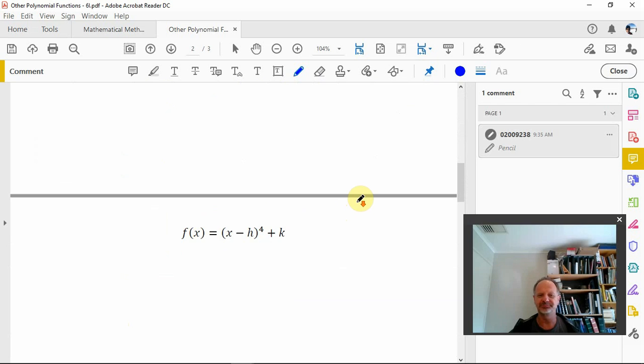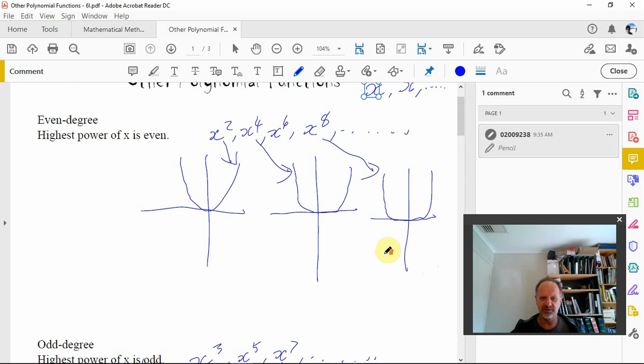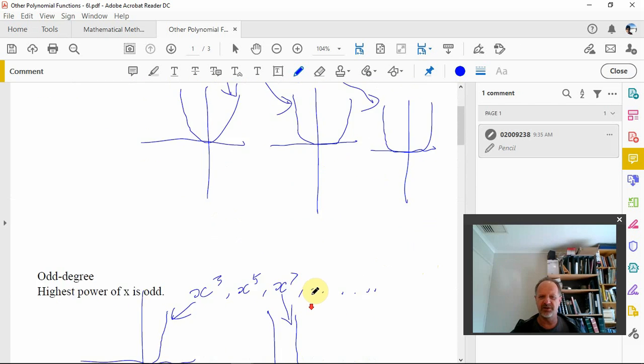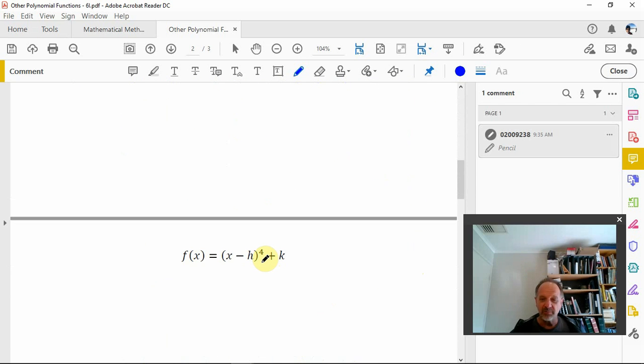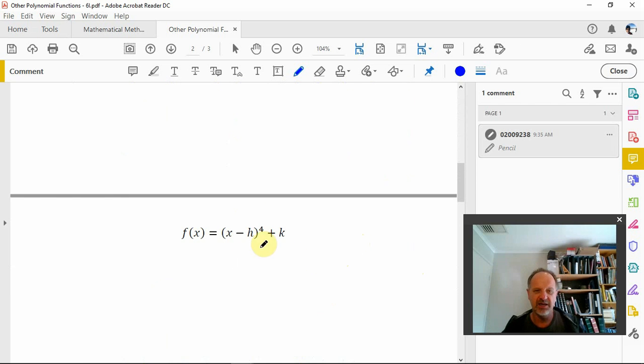All right, so let's have a look at some other things. So this here, f(x) equals (x minus h) to the 4 plus k. There are similarities here. We've done a power of 2 up here, we've done a power of 3 up here, so there's going to be similarities. Our h and our k give us the turning point. For a power of 2, our quadratic, that told us where our turning point was, and it's the same thing here.